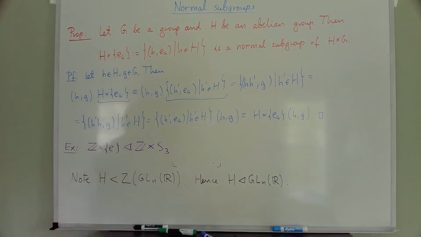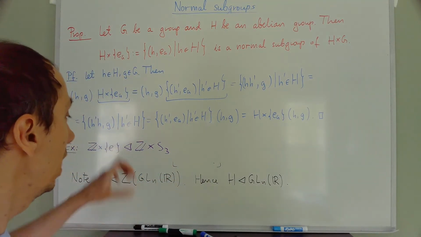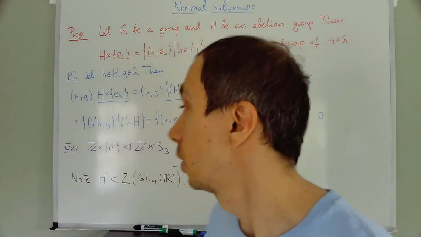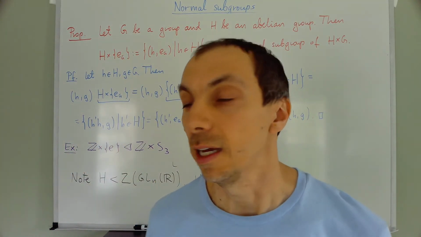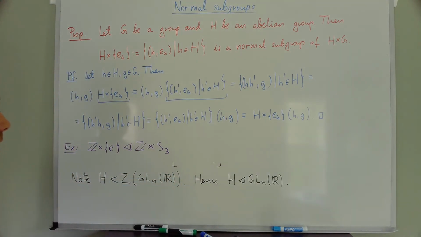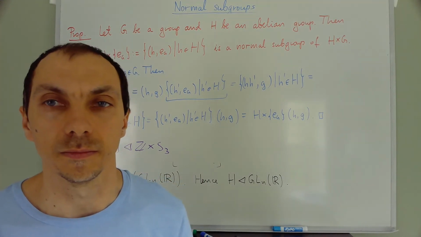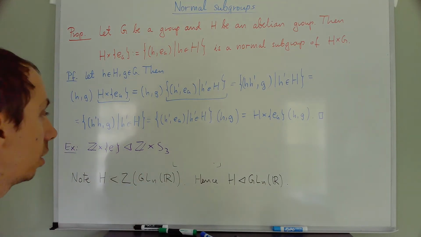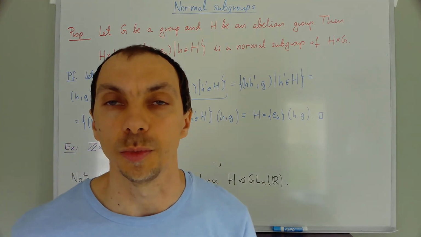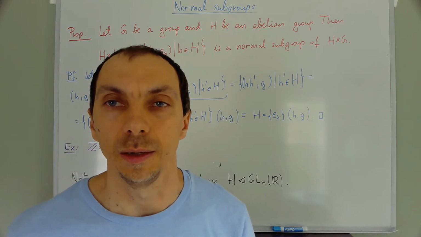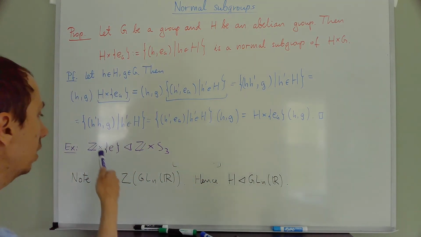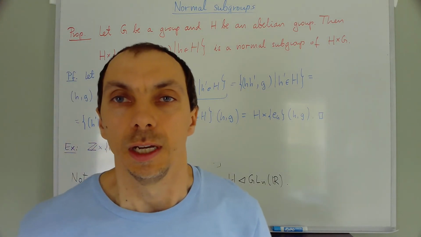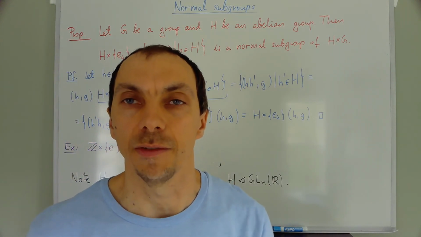Now you see, Z cross S3 is not an abelian group, but it has this abelian direct factor, namely Z, and therefore if I just place the identity on the S3, then the S3 doesn't really interfere with the multiplication here. So any such group actually will give you a normal subgroup. It's a good source of normal subgroups. However, we're again using the fact that we have an abelian group here.